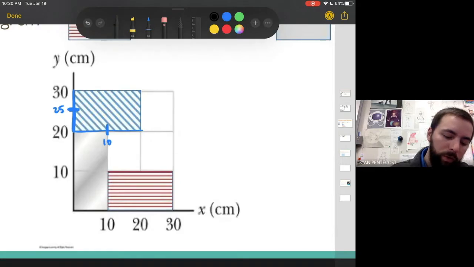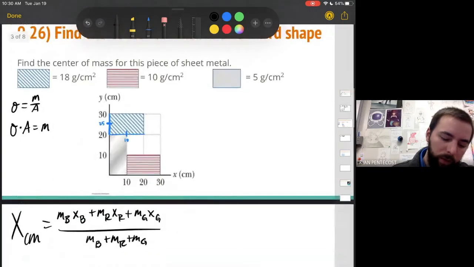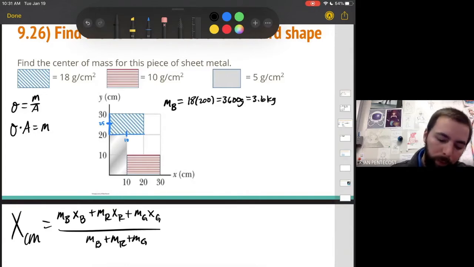We'll work through these real quick to get all of these numbers. We need the mass of blue, which is its density times its area. So we've got 18 times the area, which is 20 times a height of 10, so that would be 200. 18 times 200 gives us a mass of 3,600 grams. I'm going to use kilograms to make these numbers more manageable.